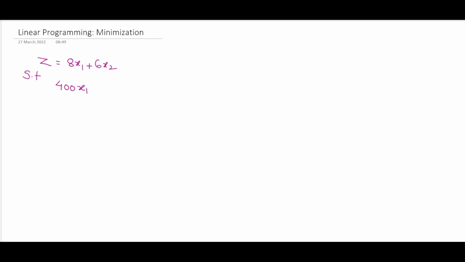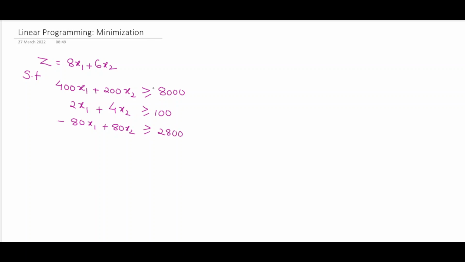It is given that 400x1 plus 200x2 is greater than or equal to 8000. 2x1 plus 4x2 is greater than or equal to 1000. 80x1 plus 80x2 is greater than or equal to 2800.